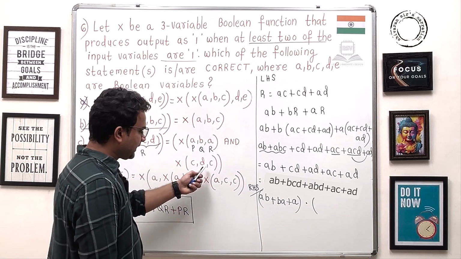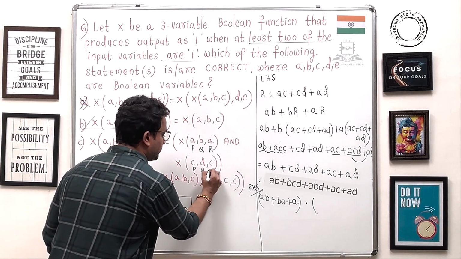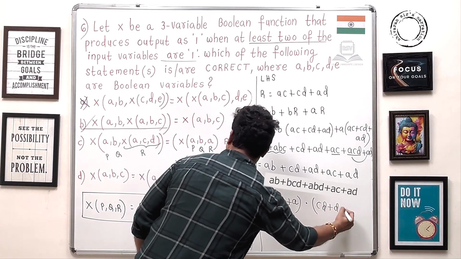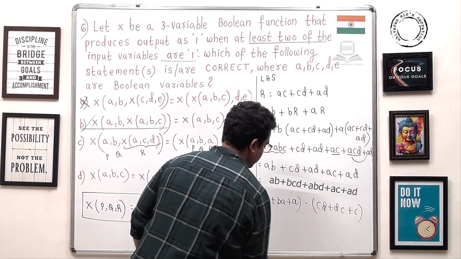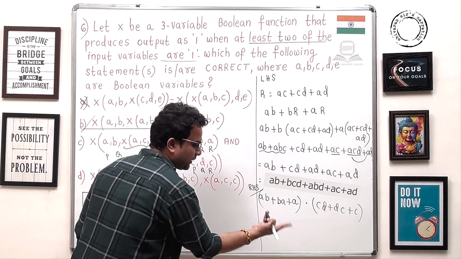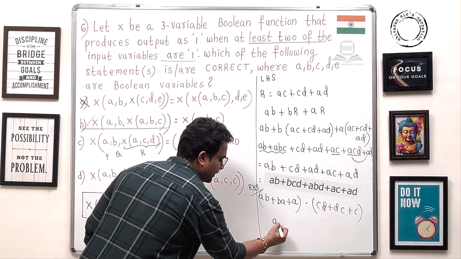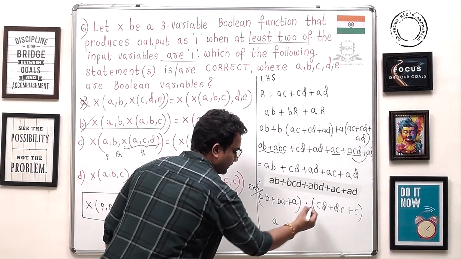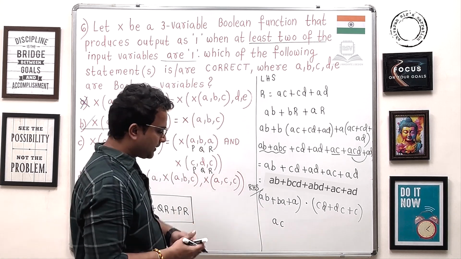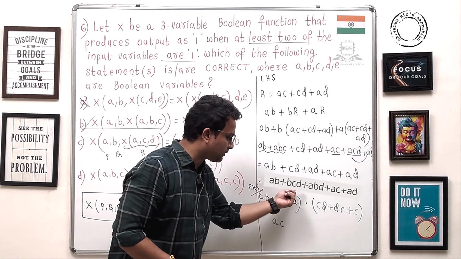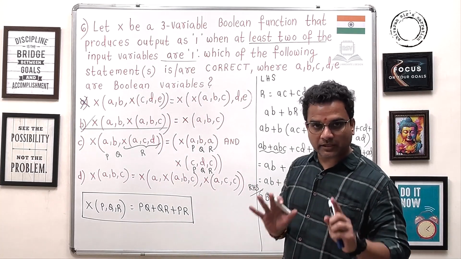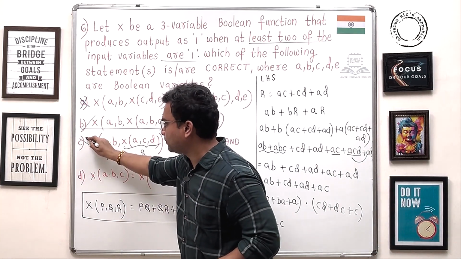Again, this is PQR, hence it is CD plus DC plus C. Now guys, A is there, A into 1 plus B only, means A only. Again C common, then it's AC. RHS is AC. LHS is this big equation AB plus CD plus AD plus AC. Hence, option C is also not true.